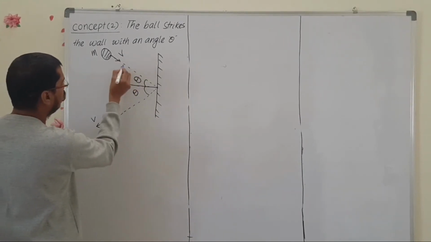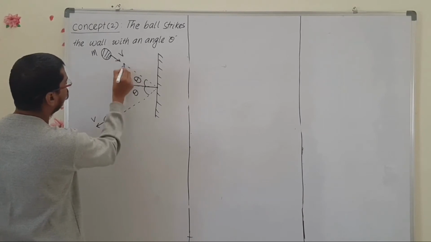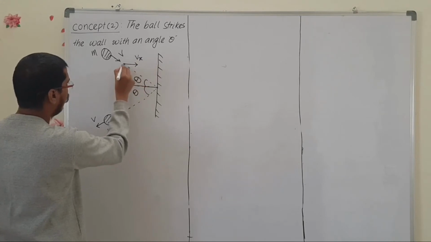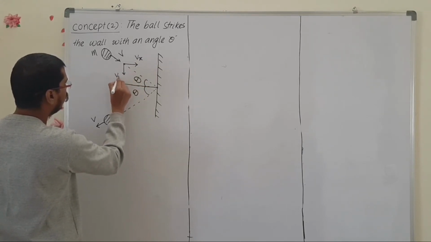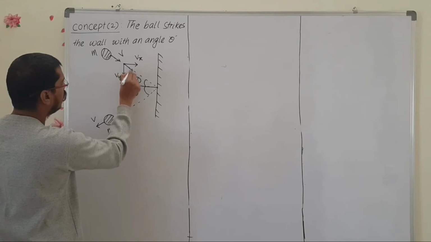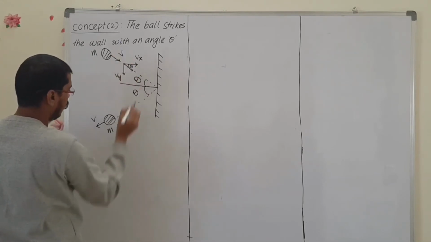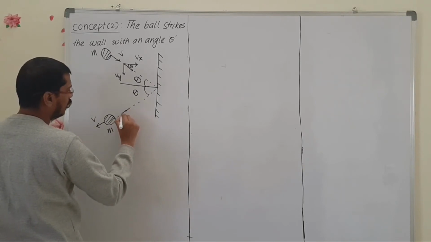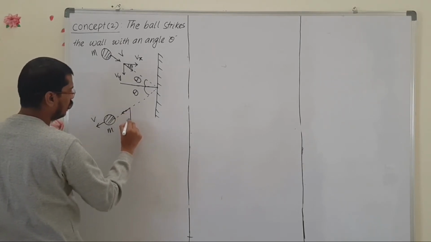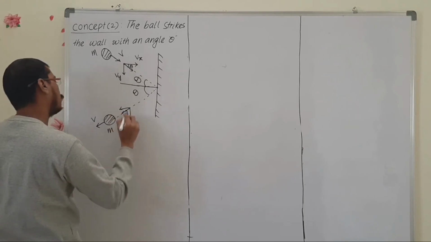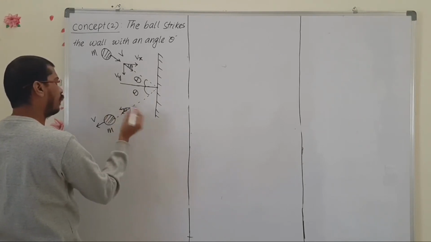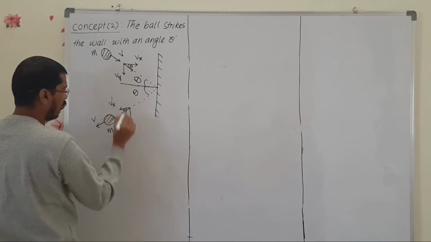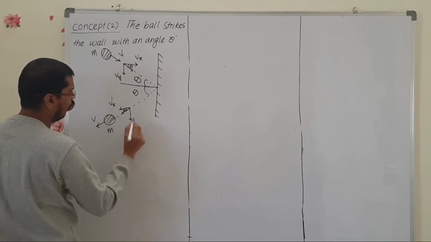Now we can write it here. This is Vx and this one is Vy, and this is the resultant, making an angle theta. And after reflection, theta and a final velocity, that's why I am writing v dash x and v dash y.